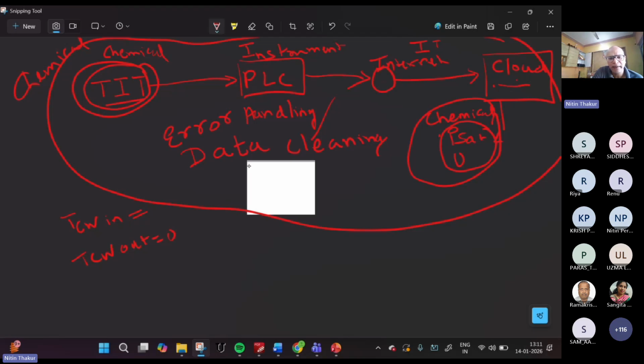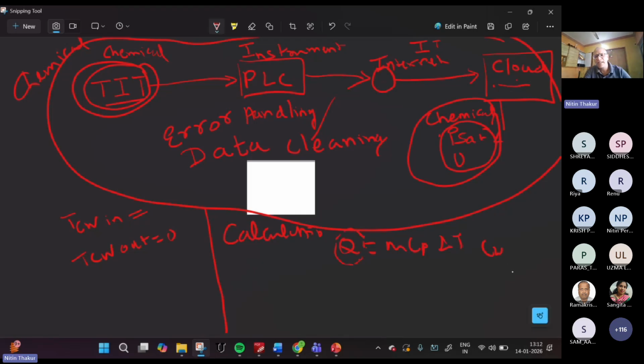What is data cleaning really? It means any data after doing the calculation, like Q is equal to m Cp delta T. Let's say we did this calculation for cooling water to calculate the Q.